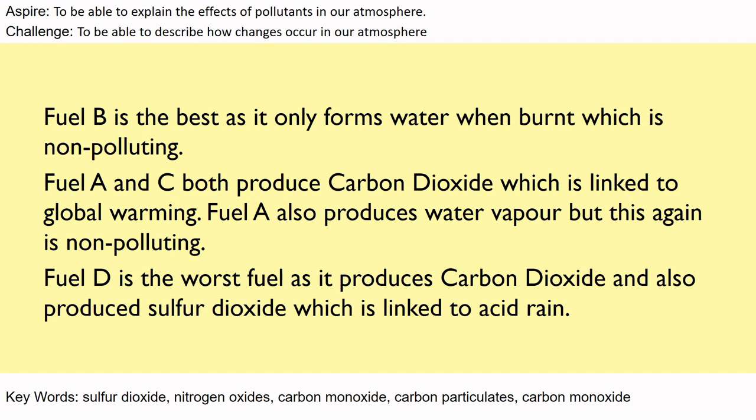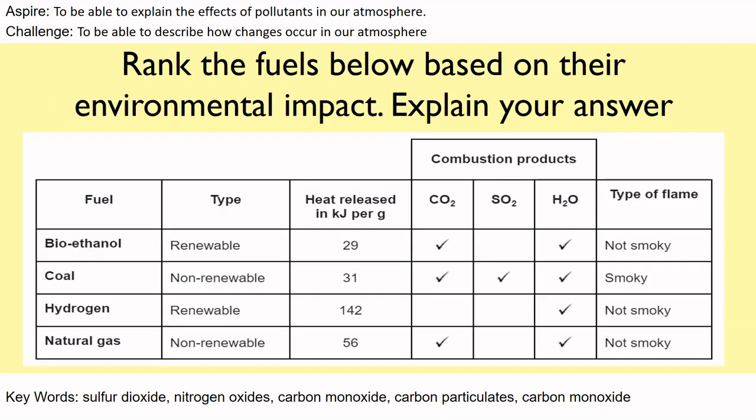So, time for you guys to have a go. So now I've given you a different table. I'm just going to read through some of the headings for you. I want you to rank these fuels again based on their environmental impact and explain your answer. Just a few things to note.